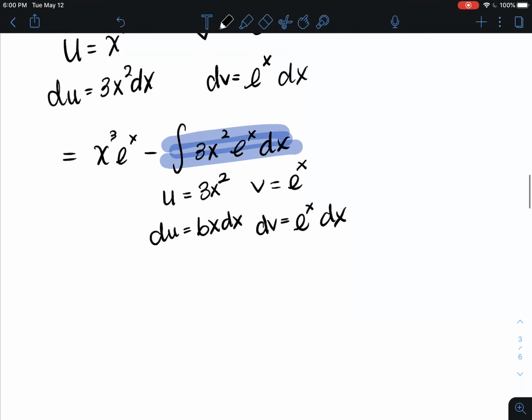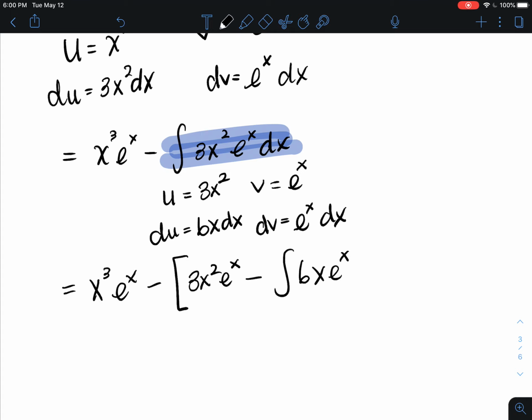Okay, so I write it again. So equals x cubed e to the x minus, and I'm going to put this in brackets because I don't want to lose a minus. So I then get 3x squared e to the x minus the integral of 6x e to the x dx.